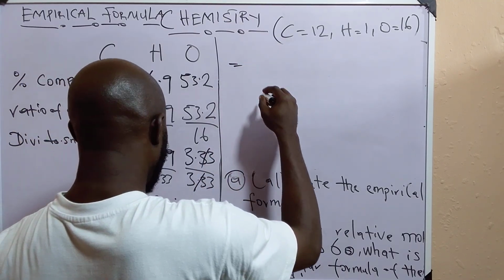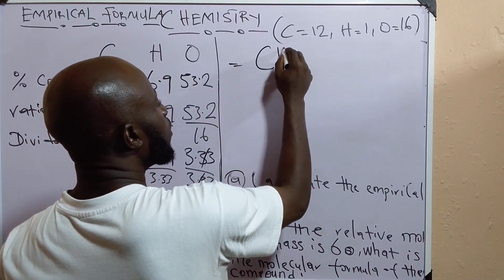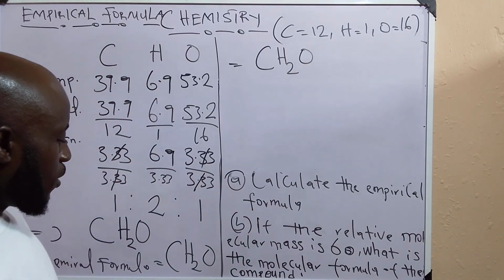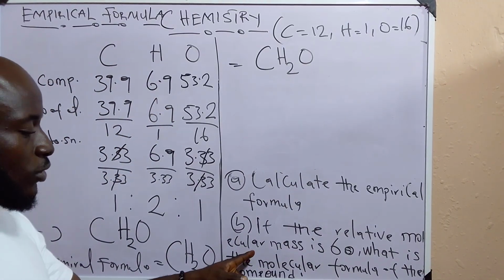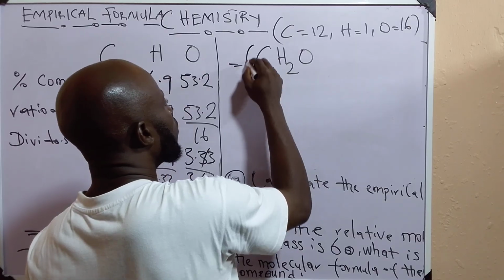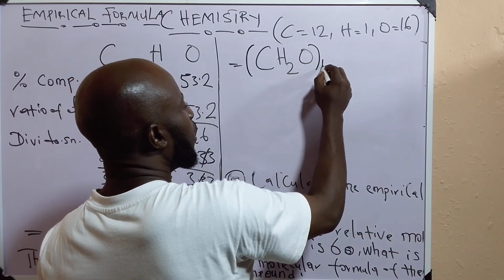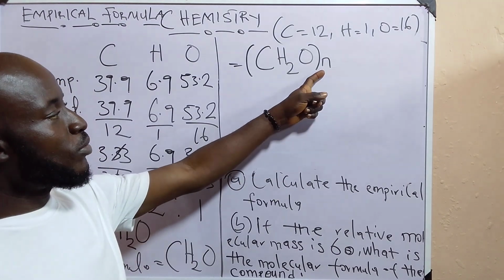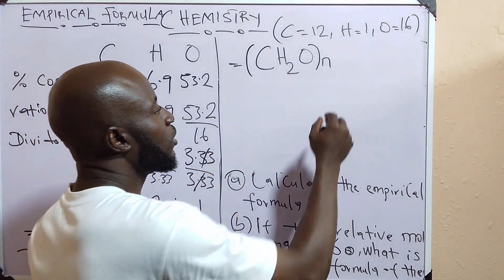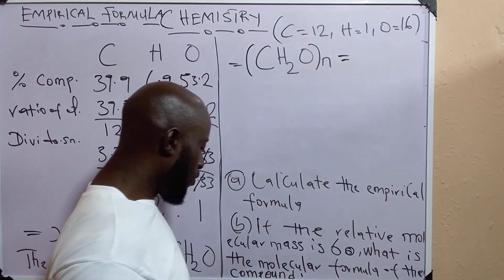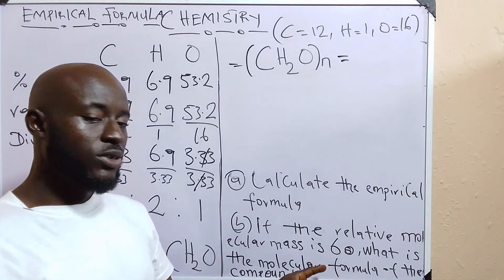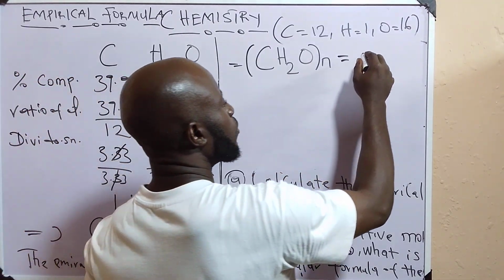The empirical formula is CH2O. Are we there? The molecular formula is the multiple, so open a bracket and close it, N. Remember, a parameter was given which is 60. If the relative molecular mass is 60, just equate this to 60.